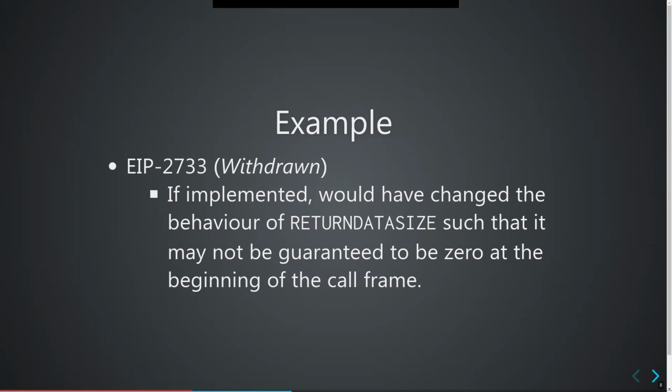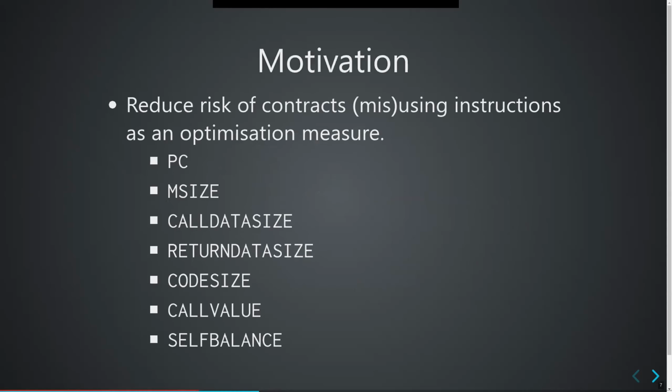So if this change or any other change in the future changes any of the opcodes that we see here, it will potentially break existing contracts making use of these instructions to get this optimization when pushing the value 0.